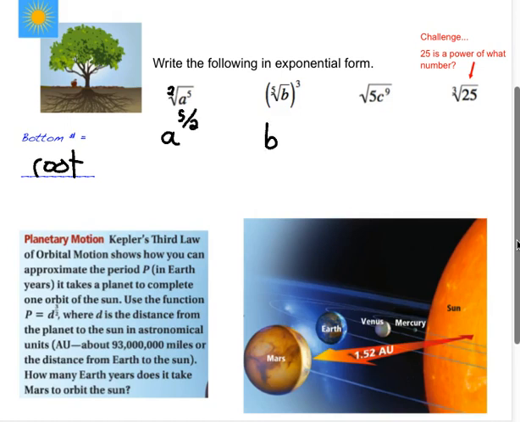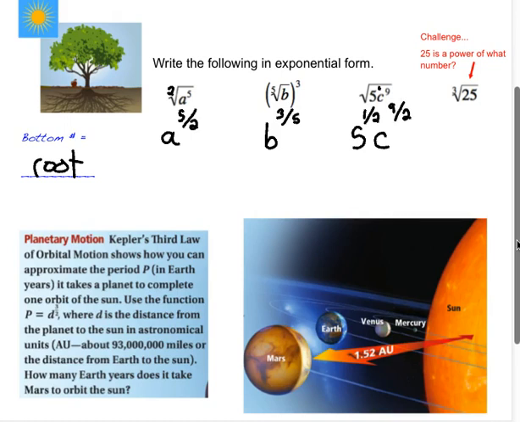Here, my exponent is 3, and my root is 5. Now these ones you're going to write separately, because here the 5 is an exponent of 1 and a root of 2. The c has an exponent of 9 and a root of 2.